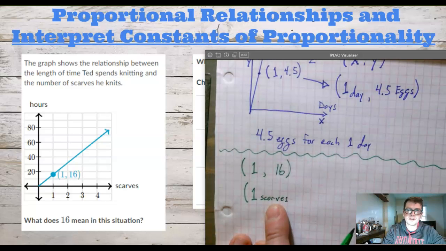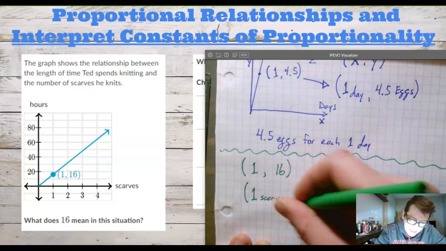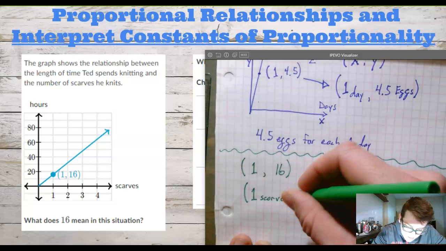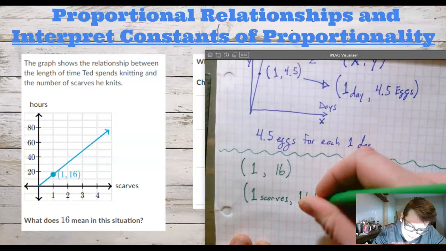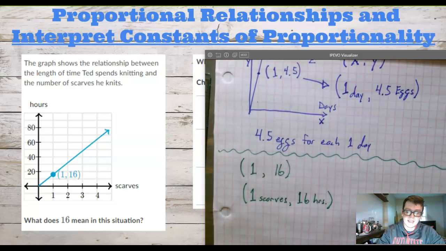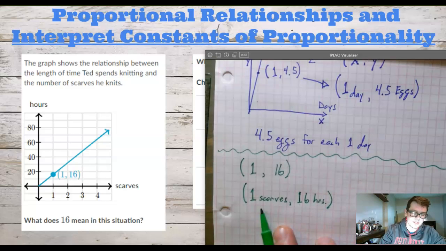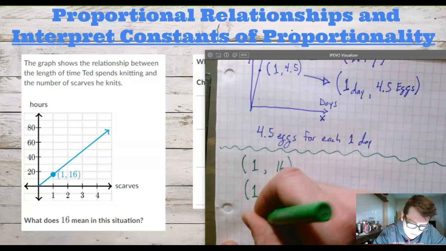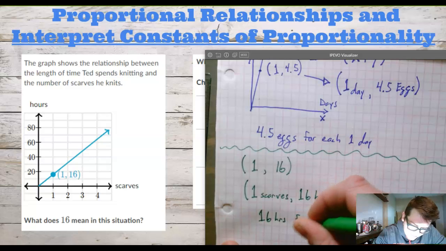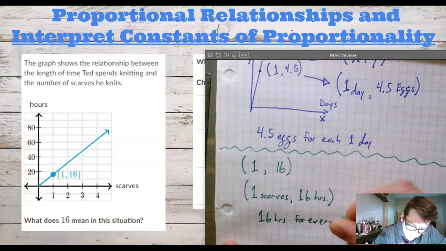Because 1 would just be scarf. But 1 scarves, what is the label of the y-axis? That goes with the 16. Hours. So it's 1 scarf and 16 hours. So what that means is Ted spent 16 hours knitting 1 scarf. So 16 hours per, or for every, 1 scarf.